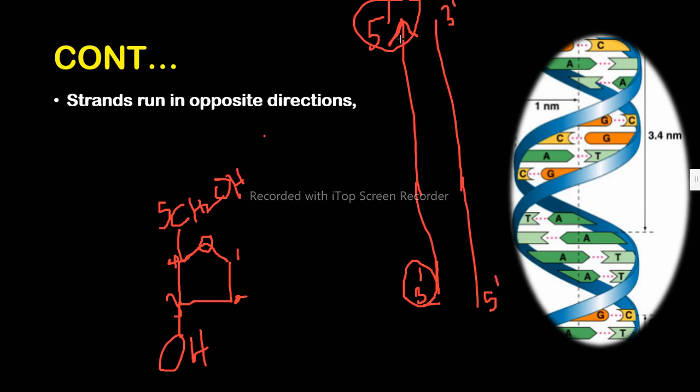For them to be able to pair up, to form hydrogen bonds with each other. And this was key as far as the structure and function of DNA is concerned.